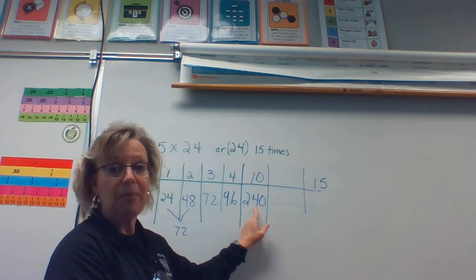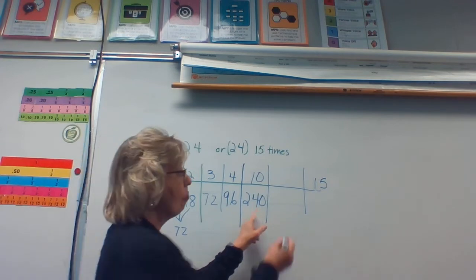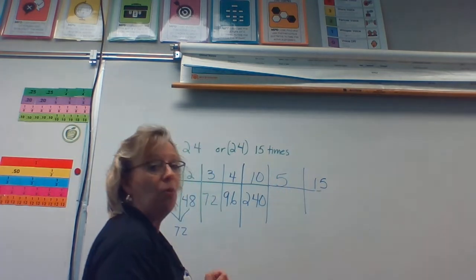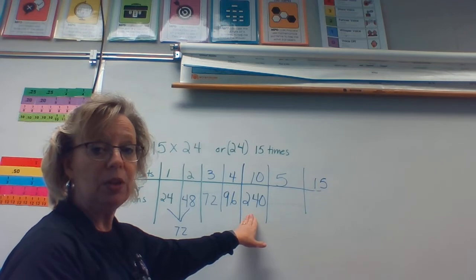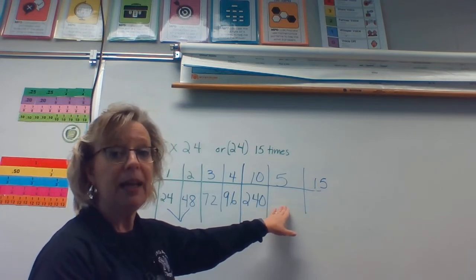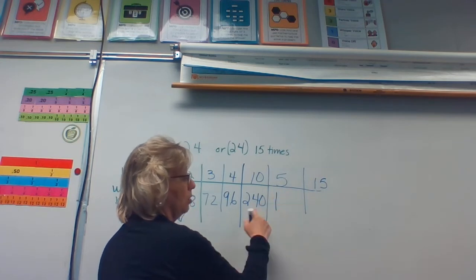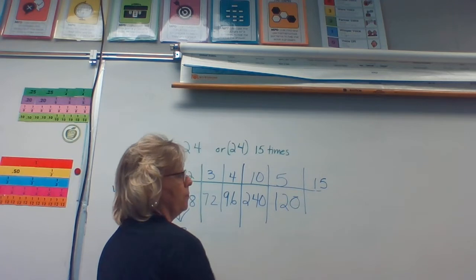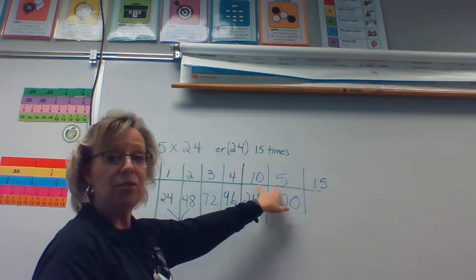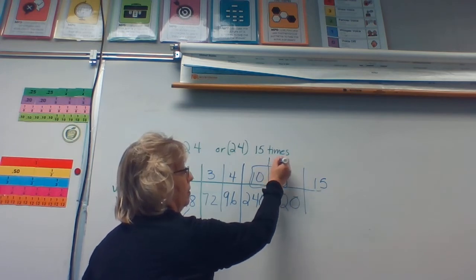Or I could use my tens and know 5 is half of 10. So if I want to figure out what 5 times 24, if I know 10 times 24 is 240, 5 is going to be half of that. So half of 200 is 100. Half of 40 is 20. If I add these two numbers together, a 10 plus a 5, I get 15.